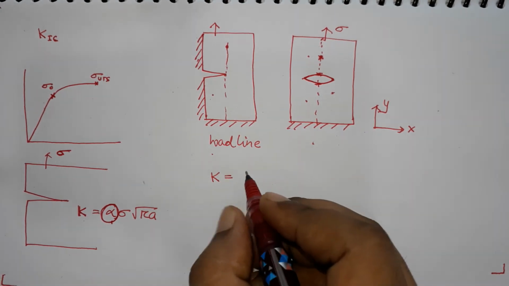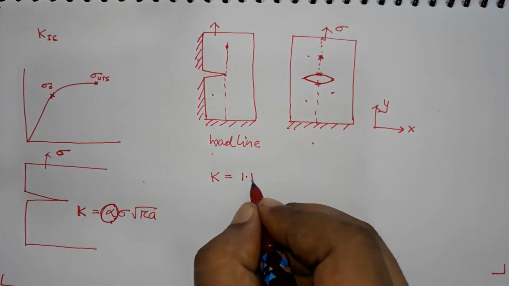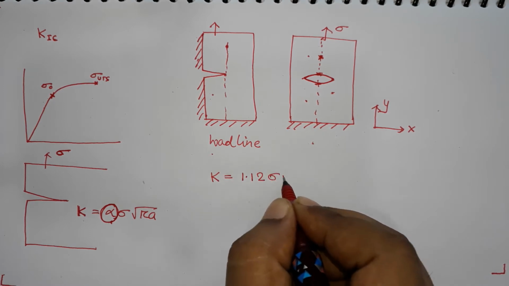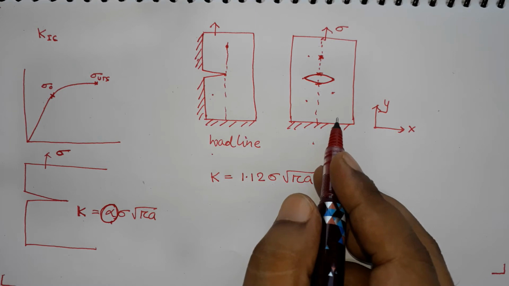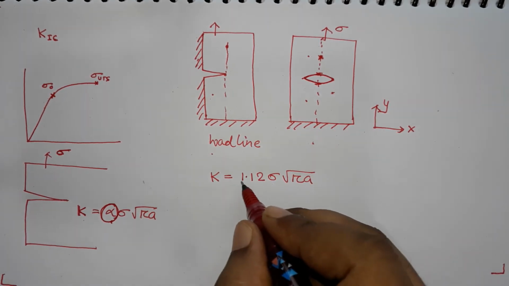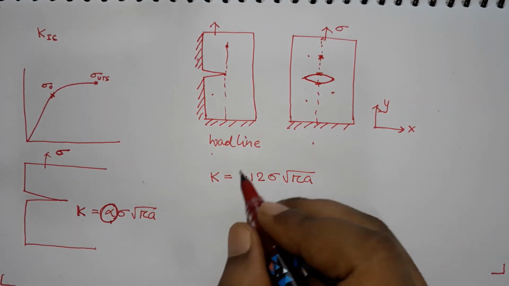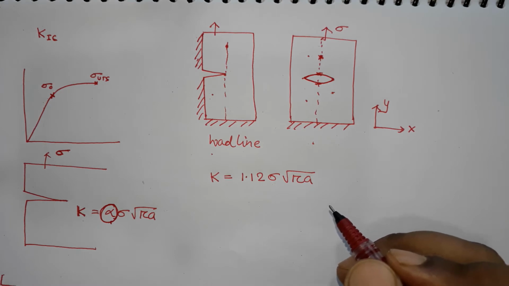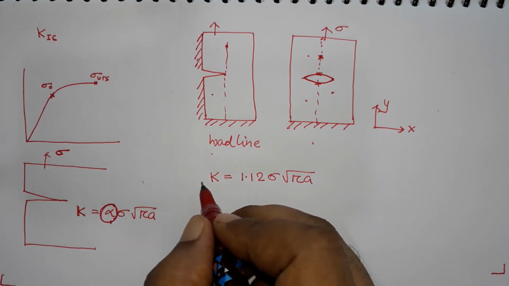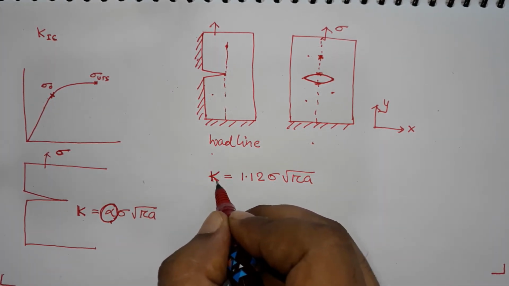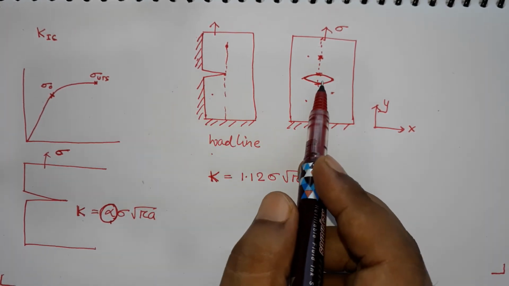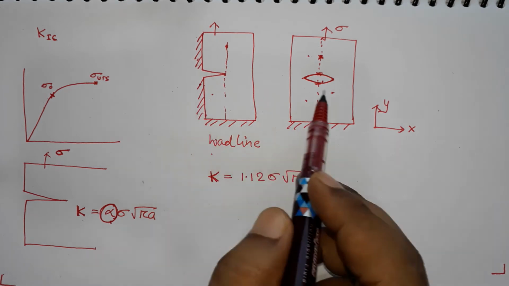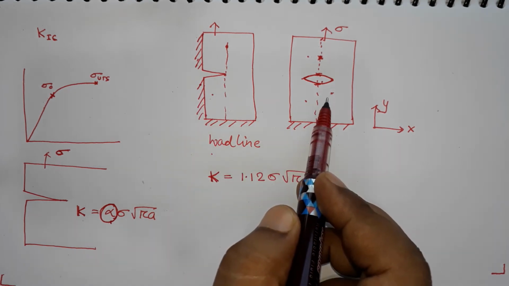So, in case of edge crack, it will be 1.12 into sigma root over pi a, and this 1.12 is 12% higher than what you will have when alpha will be 1. Okay. So, the fracture toughness of this edge crack will also be higher because it is tougher. Why? Because it can open up more than this one, it has less constraint in comparison to that one.